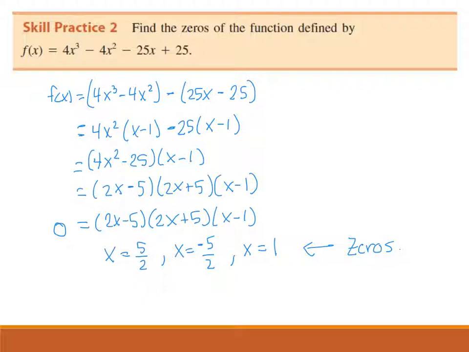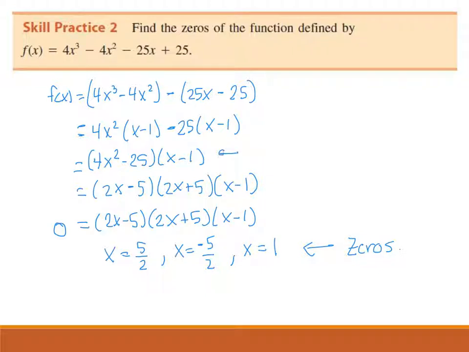So here's the answer. f of x is equal to 4x cubed minus 4x squared minus 25x plus 25. They are grouped. And then we factor out a 4x squared from the first one, and we get 4x squared parentheses x minus 1 minus 25 parentheses x minus 1.